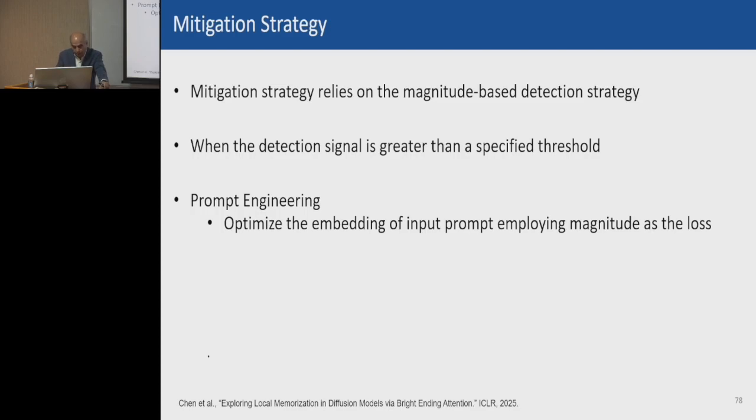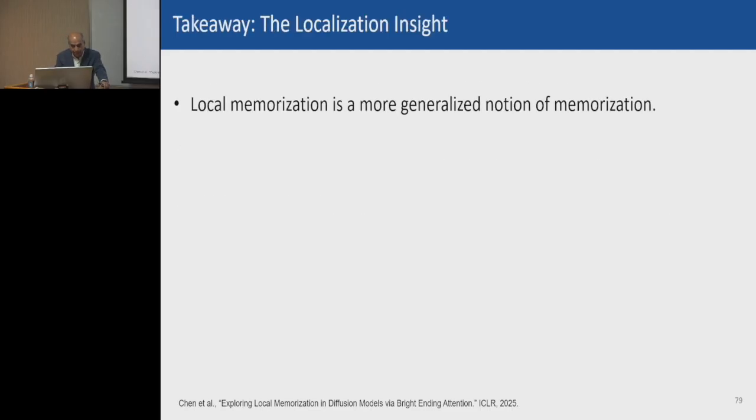You want to take this loss and come up with a new embedding of a prompt so that this loss is minimized. That's called prompt engineering, and then you can mitigate the memorization. So the prompt which the user gave, we get the embedding, but we want to change the embedding of that so that it's not duplicating.